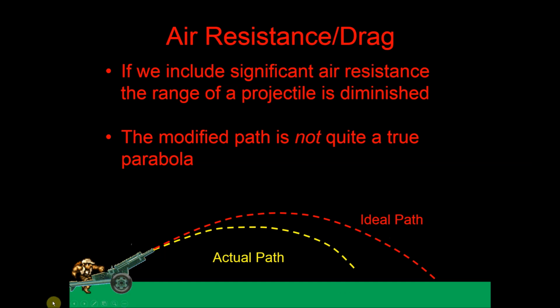Exaggerated a bit here, but the actual path would be diminished in terms of altitude and in terms of range. It turns out that this tends to be just an additive factor, and you can actually calculate all of your particular situations in the cases that we've looked at before, ignoring air resistance, and then simply add the air resistance on at the end of your calculation, or of course subtract it if you were looking at velocities and accelerations.